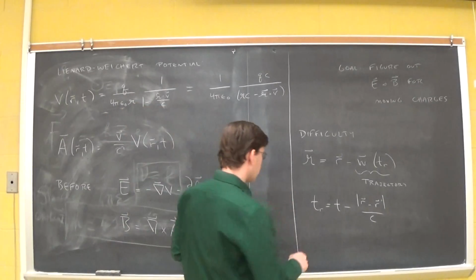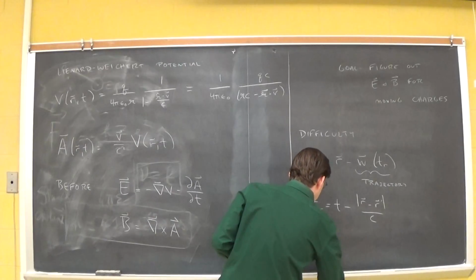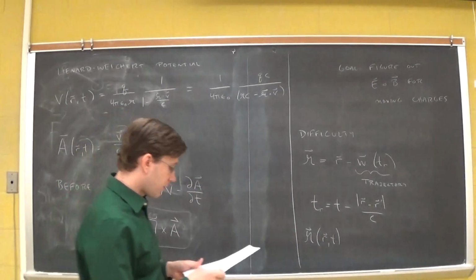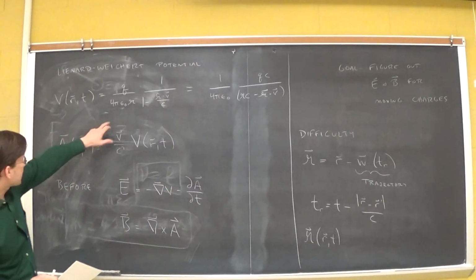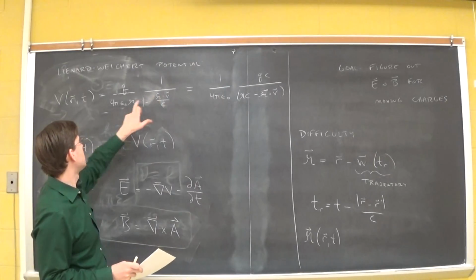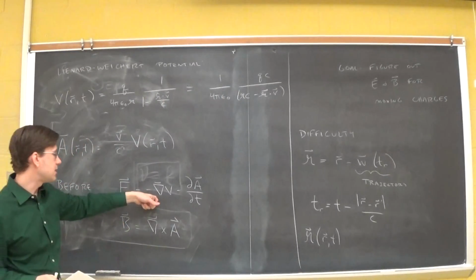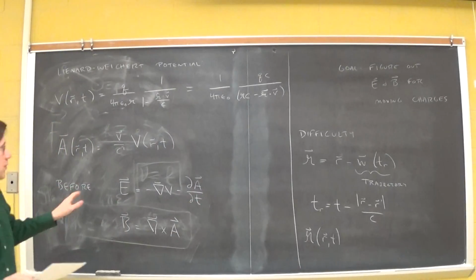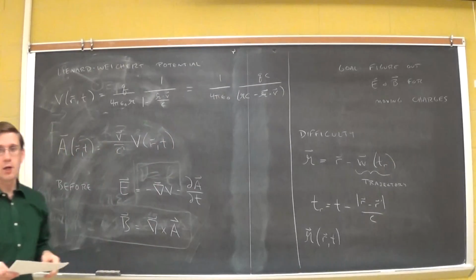Okay, so really what we should be saying is that curly R is really a function of R and T, and since curly R is a function of R and T, then we have to be really careful, because we implicitly know that all of these curly R's are functions of R and T, and so when we come in and take these derivatives with respect to space or with respect to time, we have to account for the fact that there are also spatial and time dependencies hiding in that curly R as well.